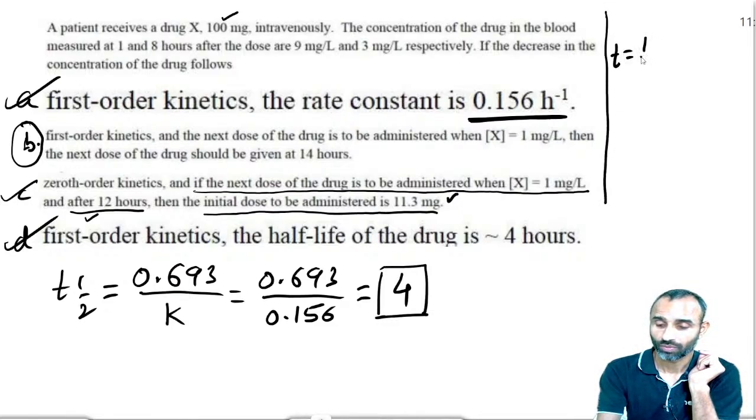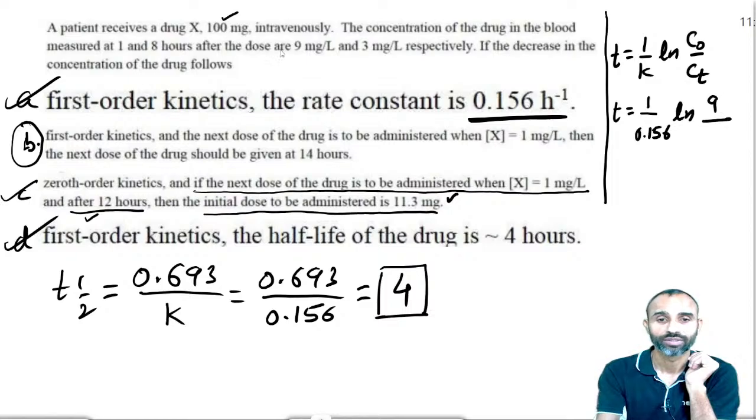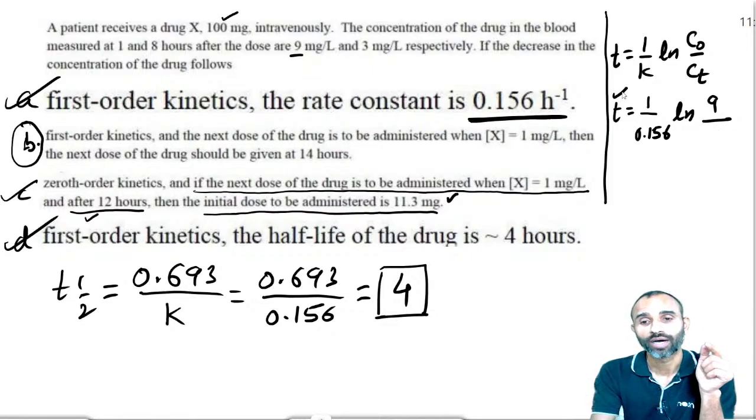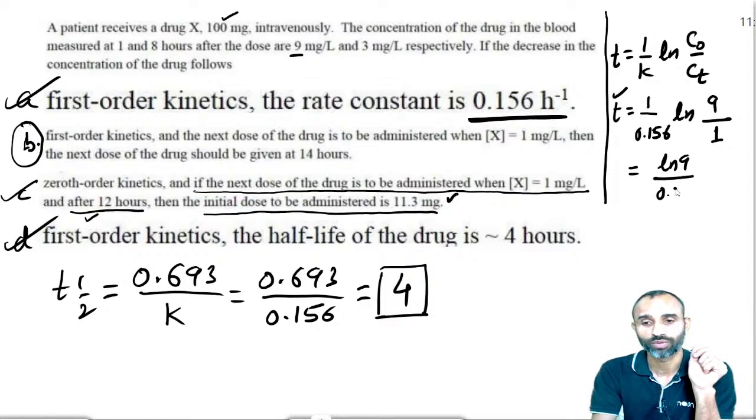Time equals 1 upon k, natural log of C naught by Ct. Time is 1 upon 0.156, natural log of, let's take initial as 9 divided by 1.